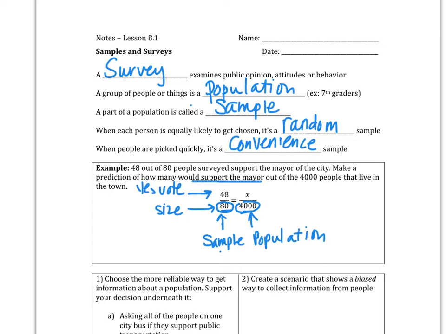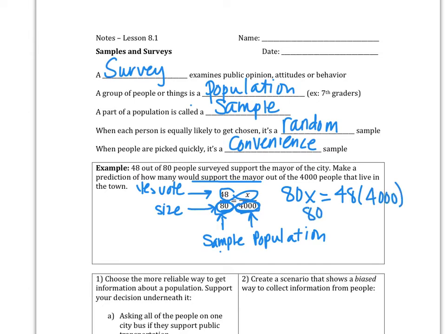So if we took a look at our sample right here, 48 out of 80 said yes. And we want to know what's the yes vote out of the actual population, which would be 4,000. So we have our proportions set up, and now we're going to cross multiply. So we'd have 80x equals, we multiply those together, and we get 48 times 4,000.